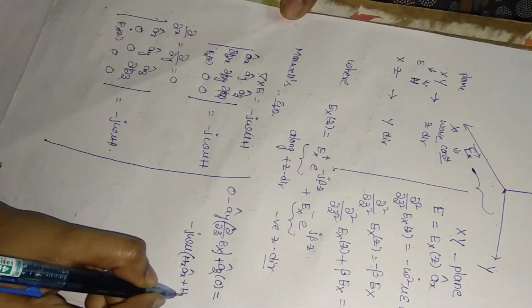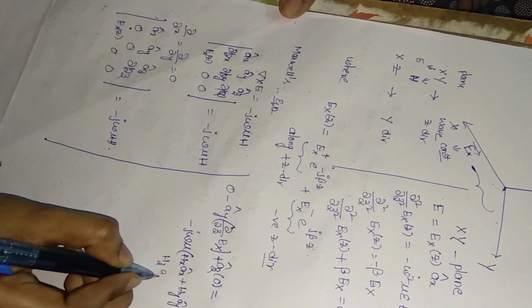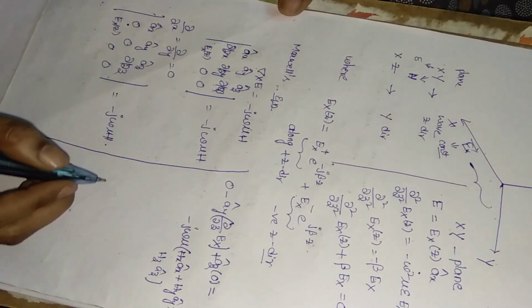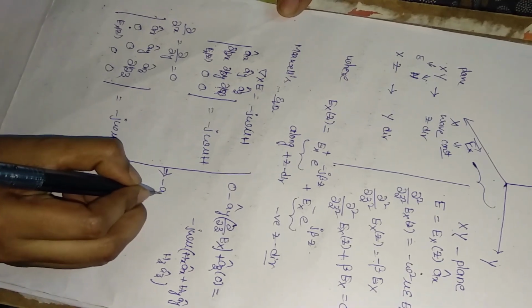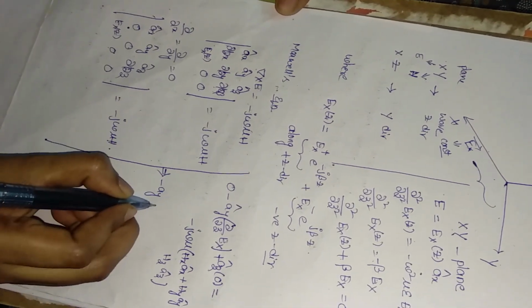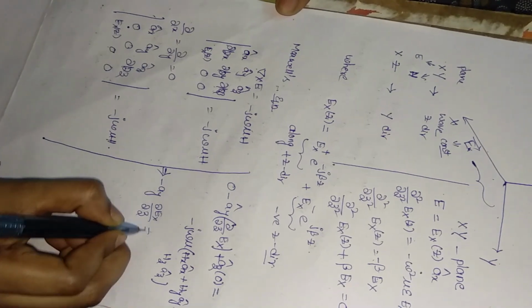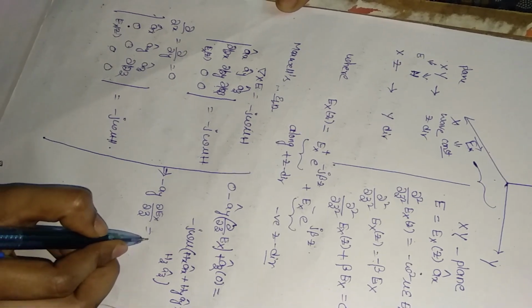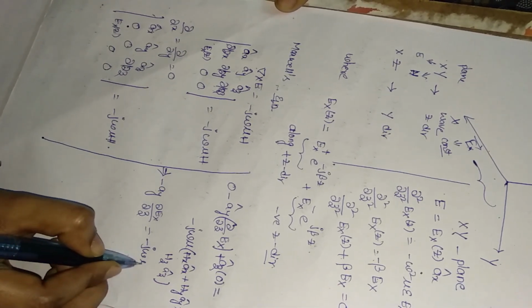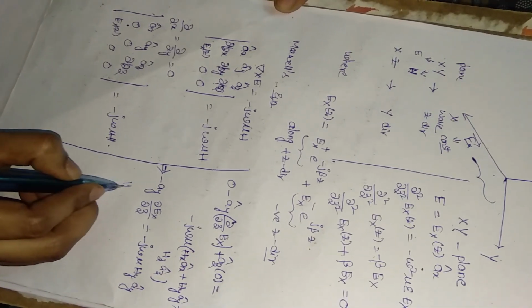This is equal to minus j omega mu into H bar, expanded as Hx Ax bar plus Hy Ay bar plus Hz Az bar. That implies minus Ay d Ex by dz is equal to minus j omega mu Hy Ay cap.